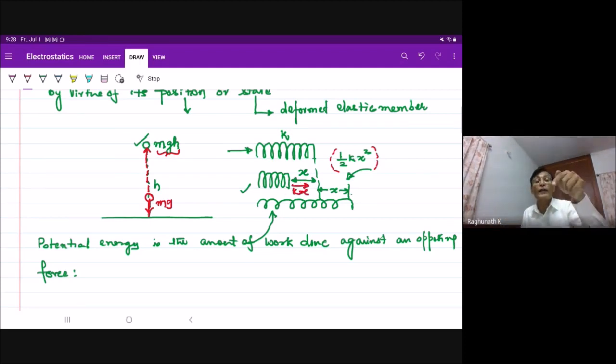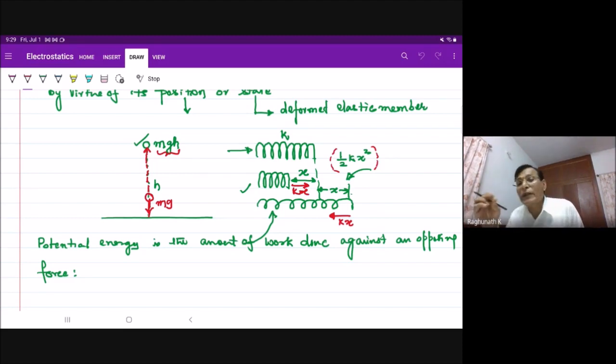Proportional to x, the proportionality constant is the spring constant. When it is elongated, in this direction, kx is developed. Let us suppose this is capital X. At any displacement, the extension or compression of small x, there is a restoring force kx.